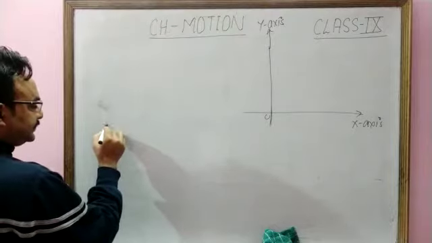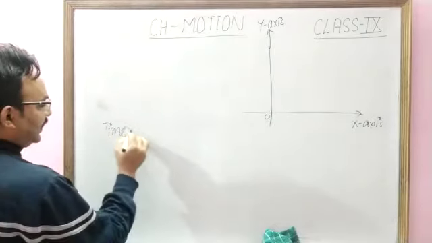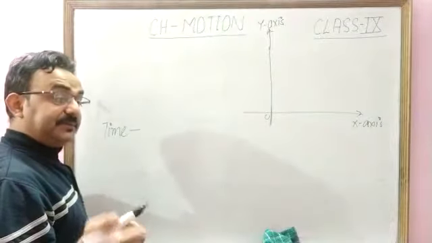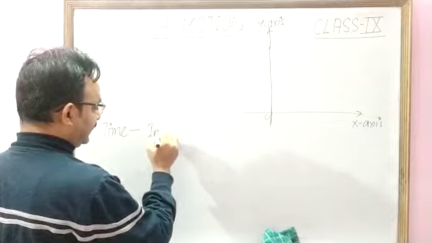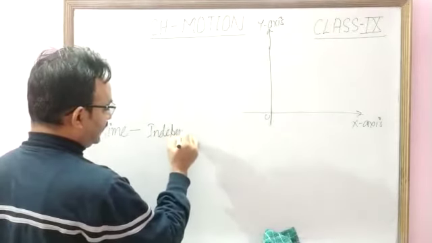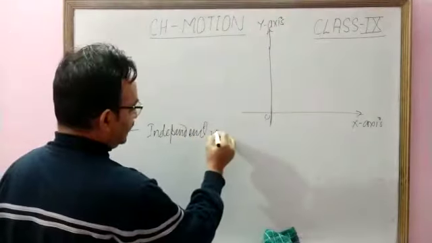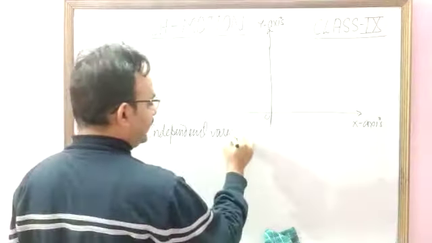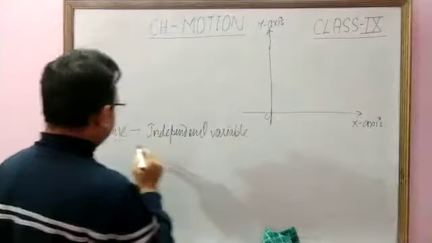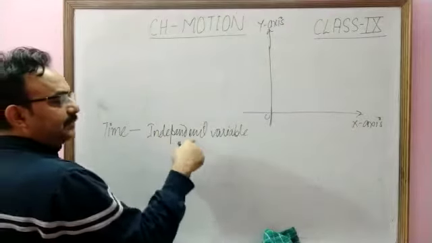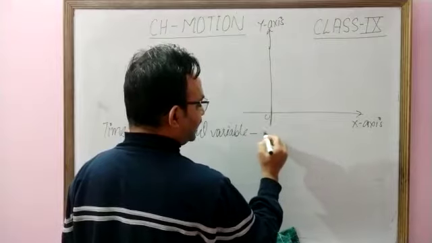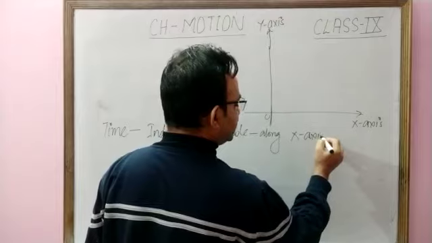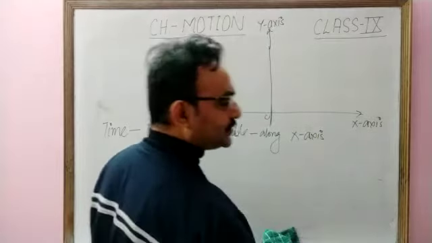Suppose time is dependent or independent? Time is independent. Time is an independent variable. So the independent variable you have to mark along the x-axis, or along the horizontal component.